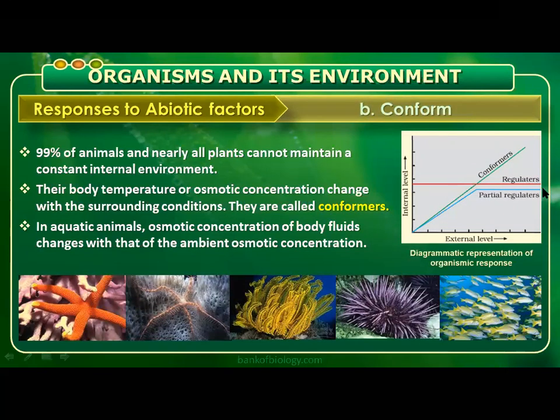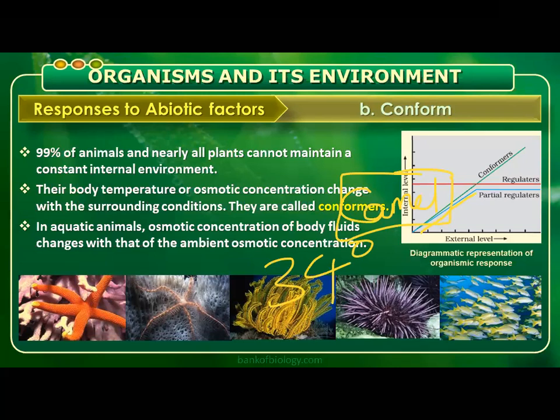We can take the camel as an example. During night time, the camel drops its body temperature. This is one of the greatest adaptations it has to live in the extreme conditions of the desert. At night it drops the body temperature to 34 degrees centigrade.